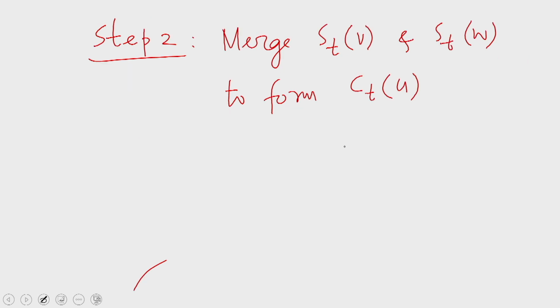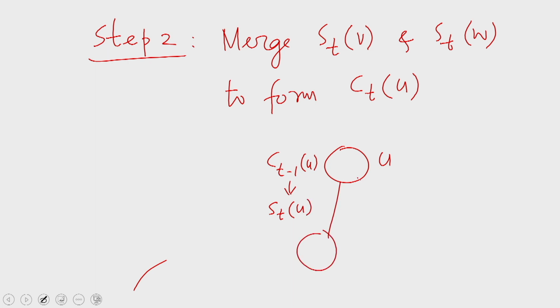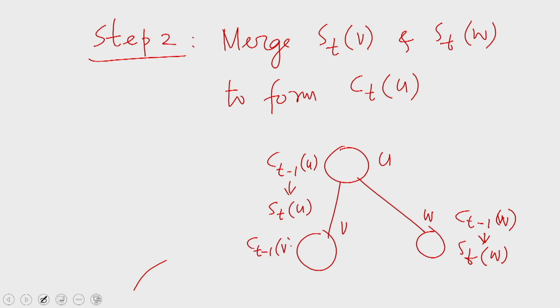So, what happens is that node u, which had cache Ct minus 1 of u, will generate the sample St of u. At the same time, the children v and w of u will also be doing the same thing. From Ct minus 1 of w, we will form St of w, and from Ct minus 1 of v, we will form St of v.